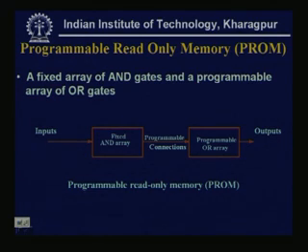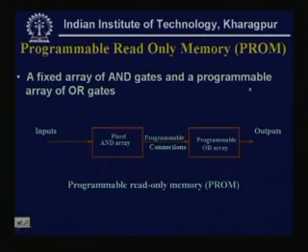Now, both arrays can be programmed, and depending on the degree of programmability, these classifications have been done. So, if it is a fixed AND array and only the OR array can be programmed, then we call this a read-only memory.